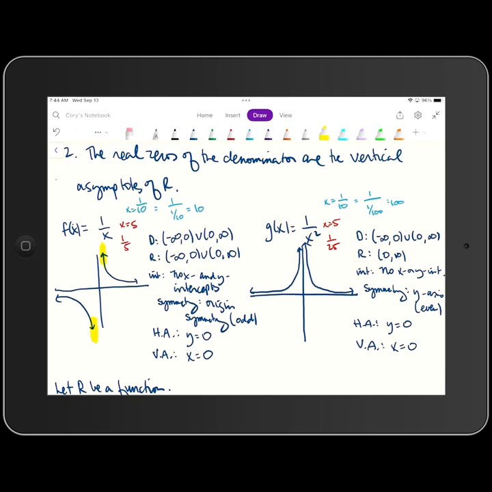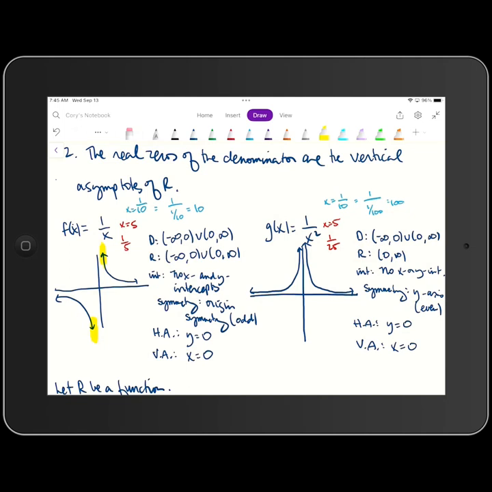Okay, and now you don't know in what direction the graph goes. You don't know what side goes to infinity, what side goes to negative infinity without actually plugging numbers in. But you do know that the graph has to go in opposite directions when the 0 in your denominator has odd multiplicity.